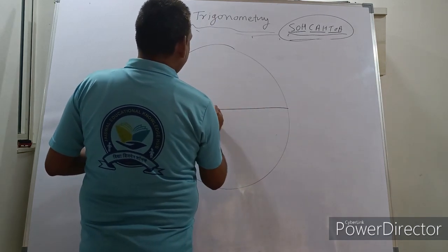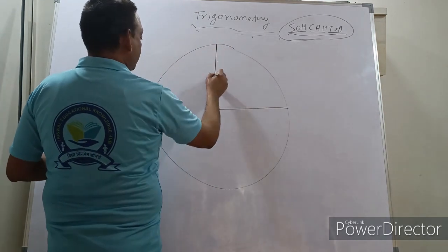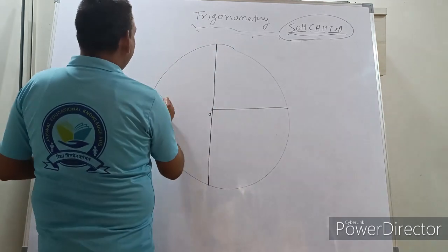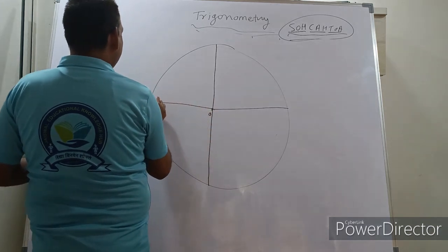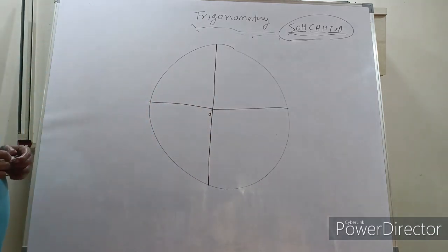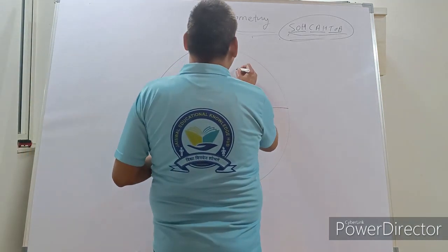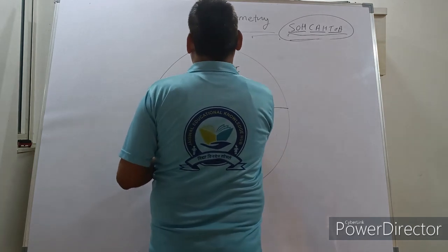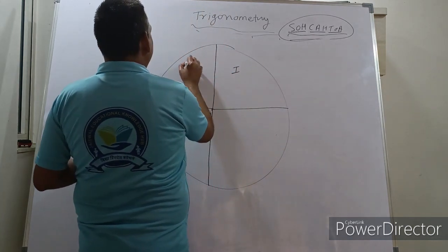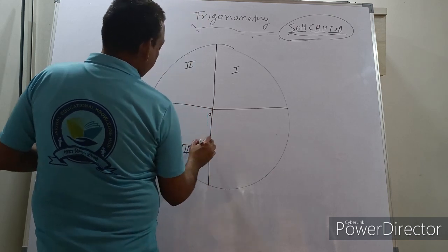Let's take the center as O. Now if you see, this divides the circle into 4 quadrants. This is the first quadrant, this is the second quadrant, this is the third quadrant, and this is the fourth quadrant.